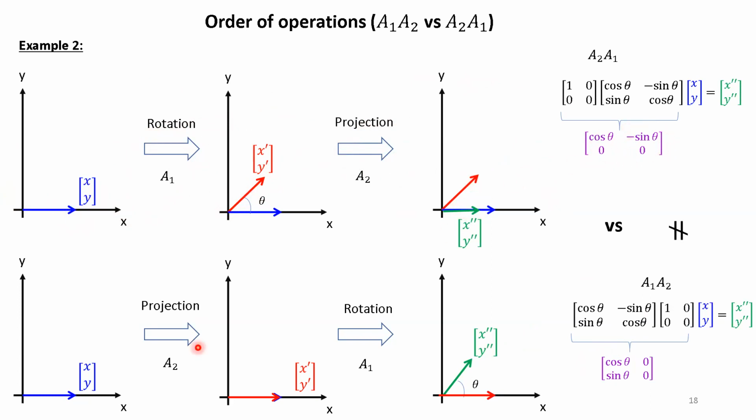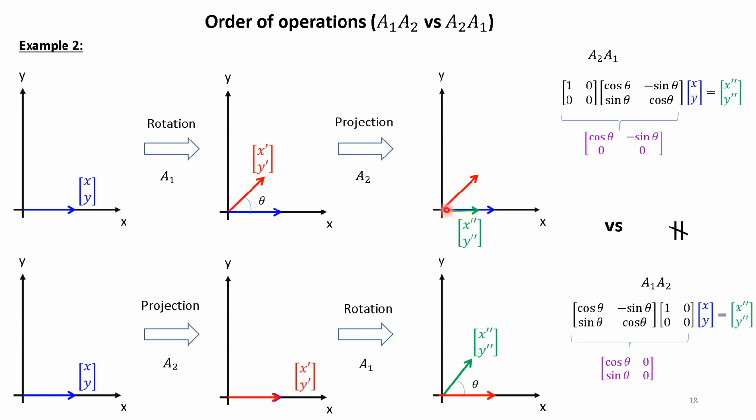But if I reverse the order, so I do projection first and then rotation, then I will get a vector that looks like this, which is not the same as the first case.